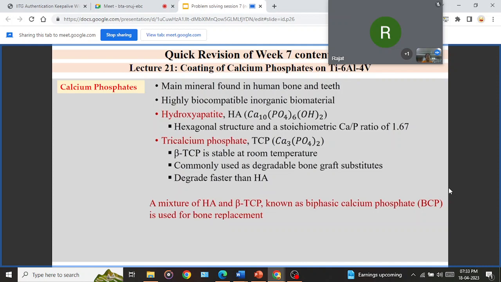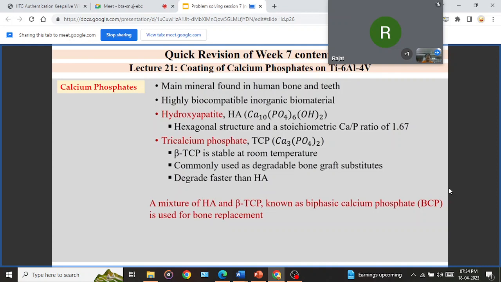We can use it in two ways. One is hydroxyapatite, that is HA, with the formula Ca10(PO4)6(OH)2. This hydroxyapatite is hexagonal in structure and has a calcium to phosphate stoichiometric ratio of 1.67.